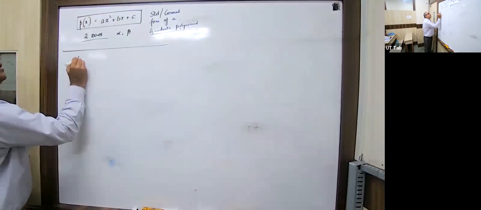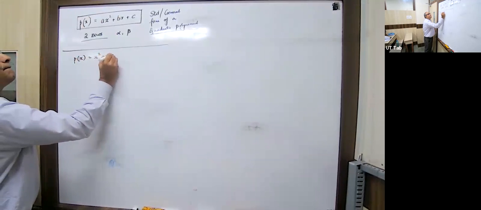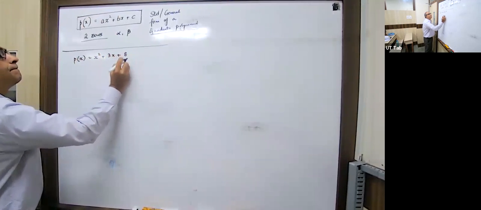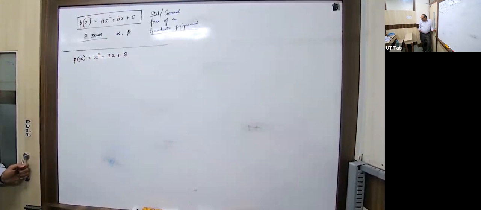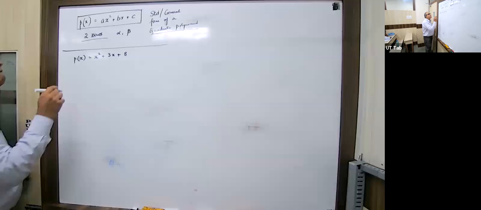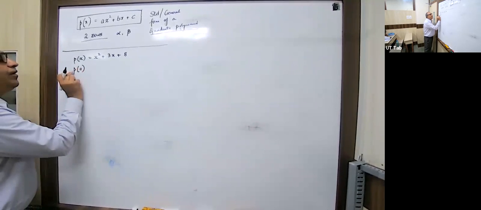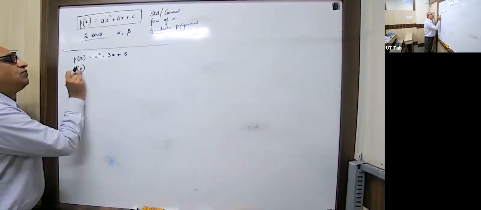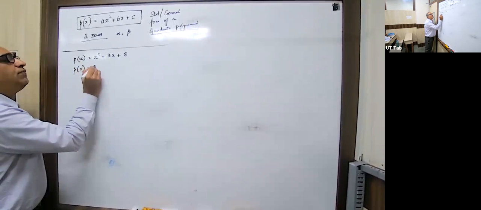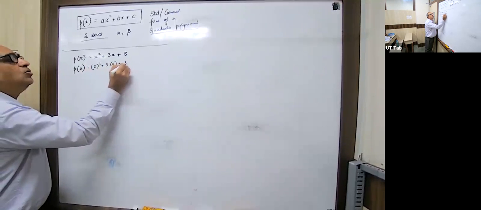Now let me give you an example. When I write like this, it means I'm going to put the value of x as 0. So whatever I do on my left hand side, I'm going to do on my right hand side also.